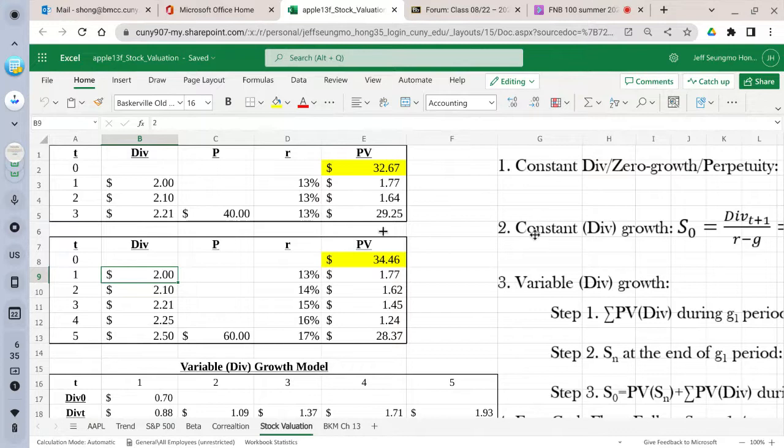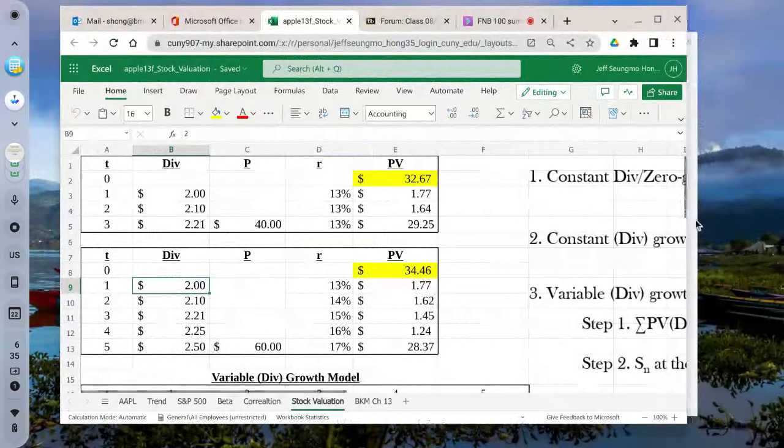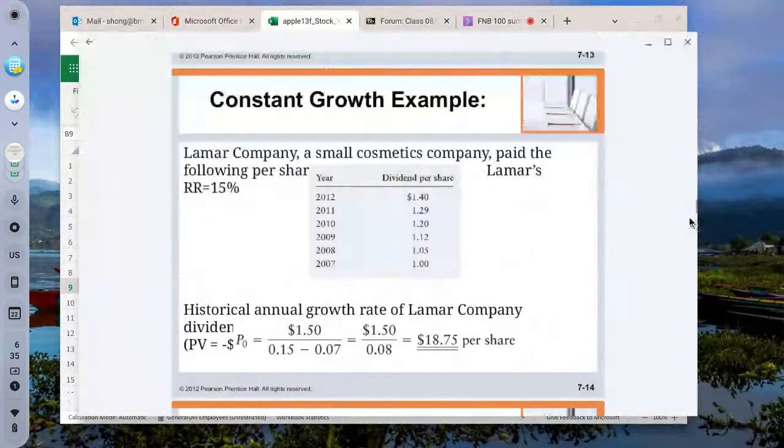Where did it go? That slide, I can't open it. I can't find it. So I think it is hiding here.